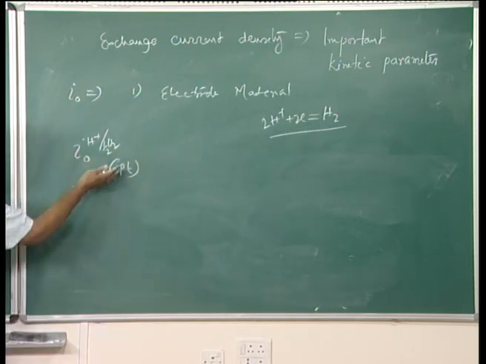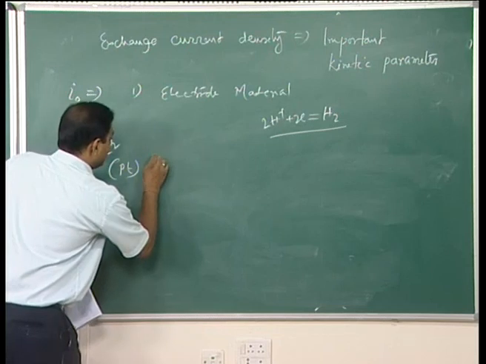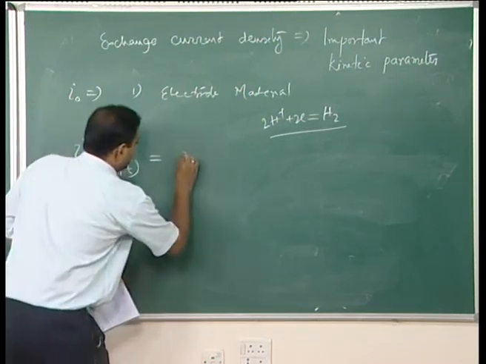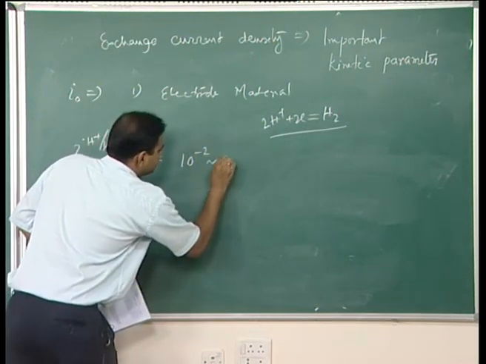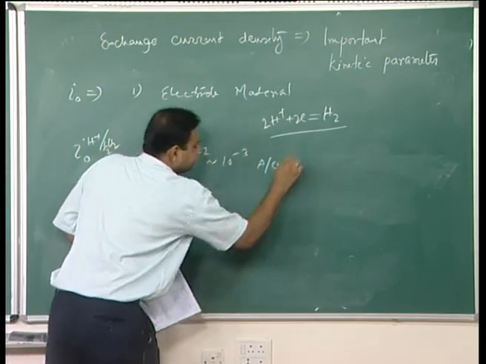I am writing the metal surface in the bracket, which means that on that surface this reaction is happening. On the platinum surface, generally in acidic media, this value goes to around 10 to the power minus 2 to 10 to the power minus 3 ampere per centimeter square.